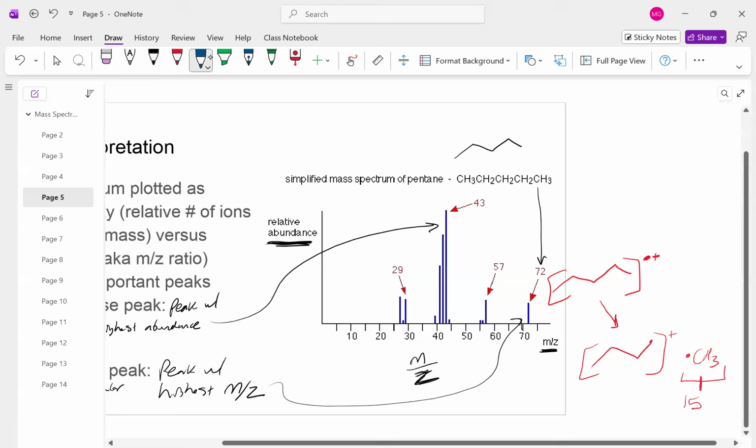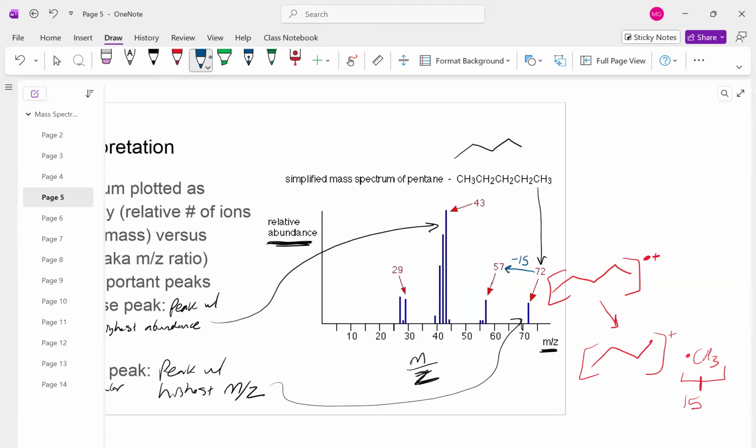Look at this here. If I go from 72 to 57, what is that a change of? Well, that's a change in mass of 15. So what 57 represents is the loss of a methyl group from the molecular ion. It's a pretty good bet that this 57 represents that butyl cation. If I keep on doing this, going from 57 to 43, that's a loss of a mass of 14.